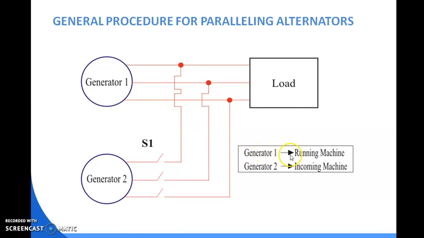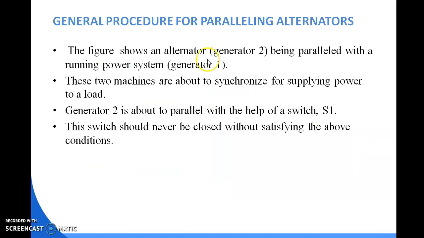So, here generator 1 is the running machine which is connected to the load, and now generator 2, another generator, we have connected through switch S1 to the existing alternator, or the running machine. Now, what are the general procedures for the paralleling?